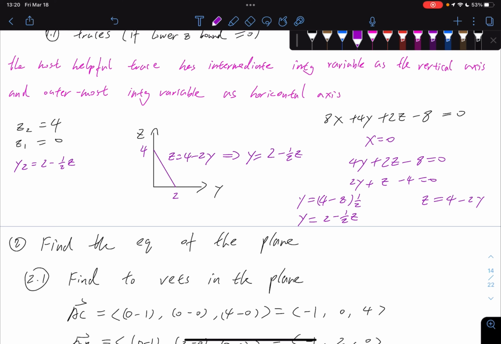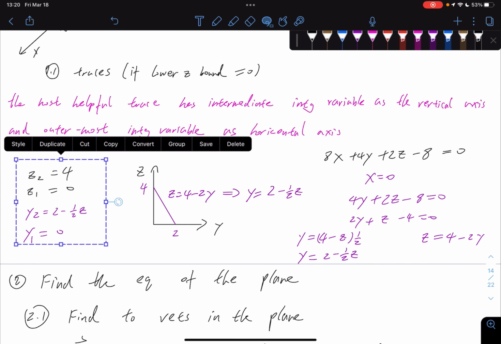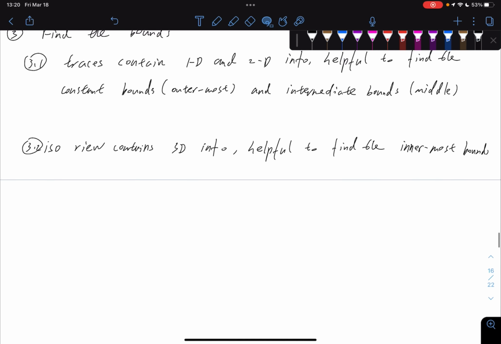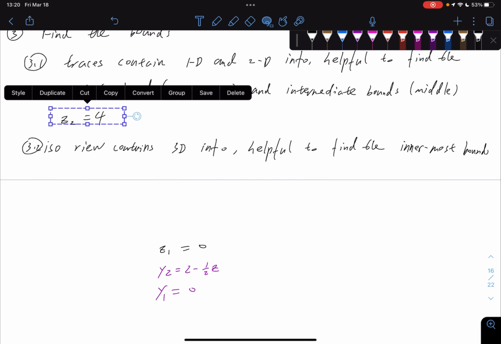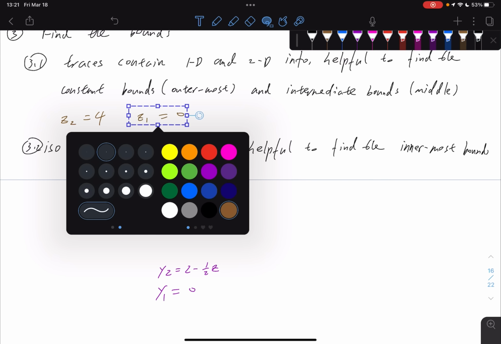So y1 equals 0. That's why traces are super helpful for finding the bounds. I'm going to copy and paste it over here. So z2 is 4, and z1 is 0.